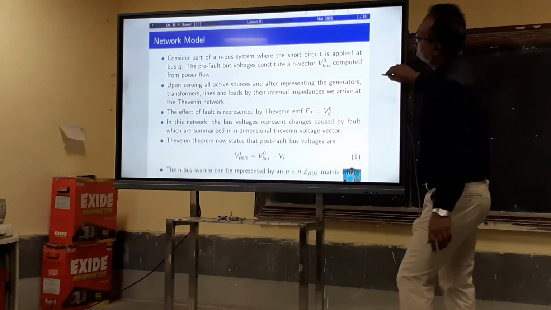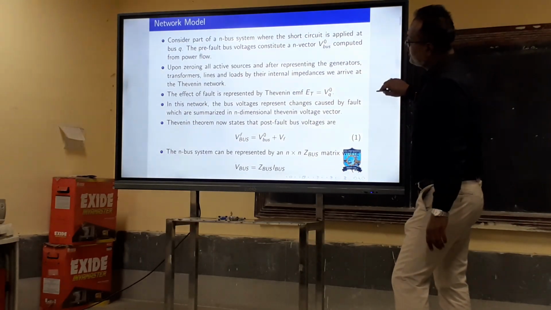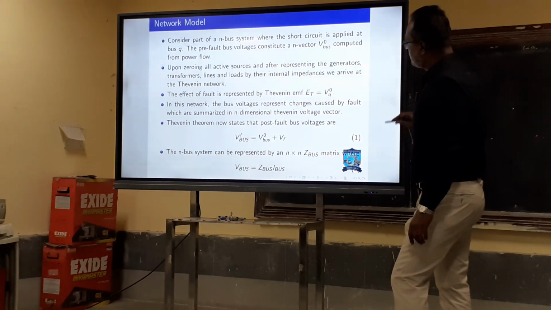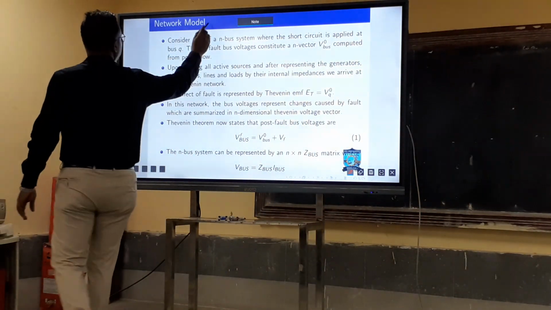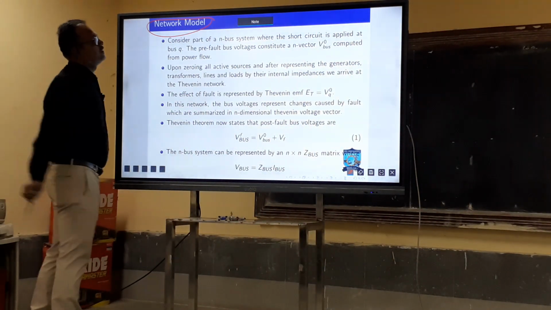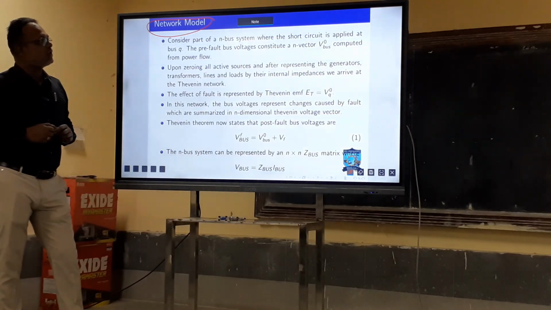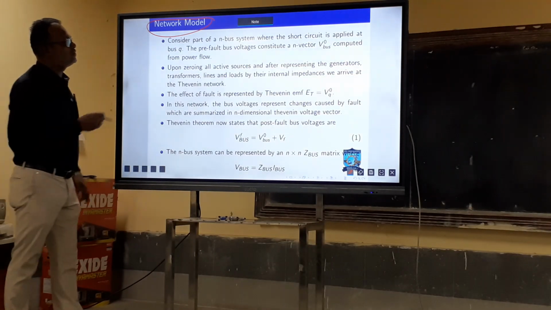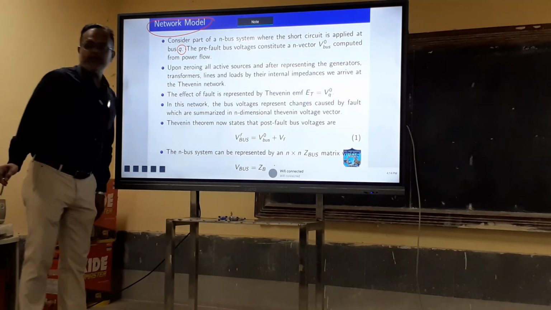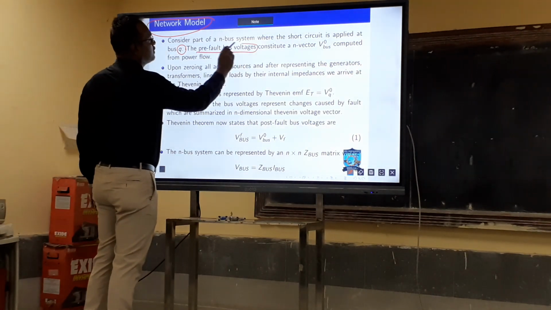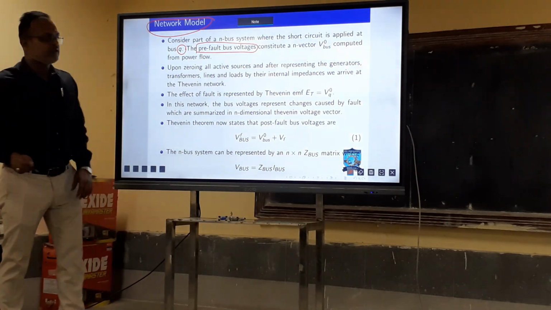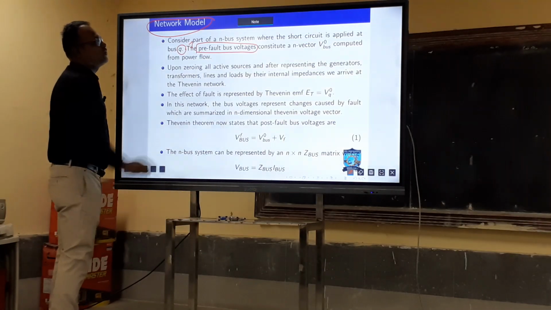So before we do this short circuit computation on a systematic basis, we need to use a network model. Consider part of a Zbus system where the short circuit is applied at bus Q. Point 1 is pre-fault bus voltages.